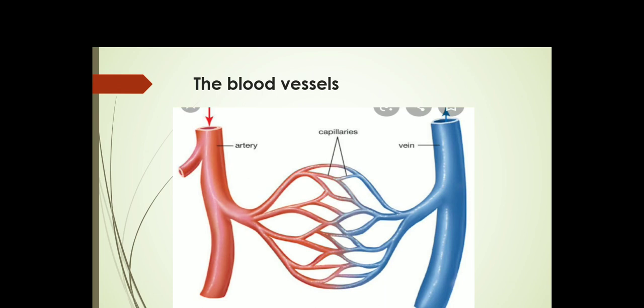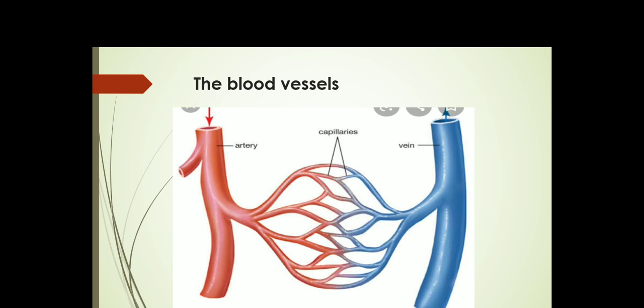Artery we represent in the red color. It will carry the pure blood, and vein we represent in the blue color. It will carry the impure blood. Artery will branch, then it will form the capillary, and the capillaries will join. It will make the vein. I will repeat once again. In the picture you observe very carefully.